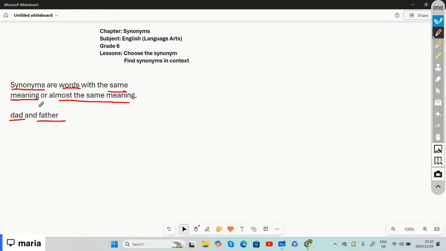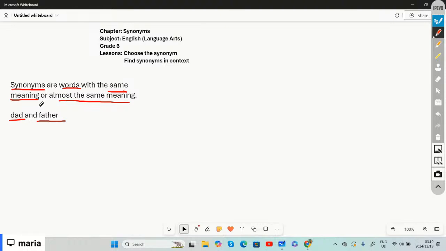We're going to look at a few words that are synonyms. I'm going to write down words, and then you're going to try to find the word that has the same meaning or almost the same meaning as the word that I write down. So we're going to do it together.